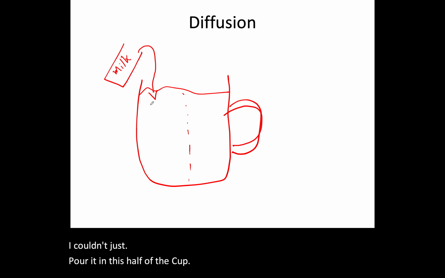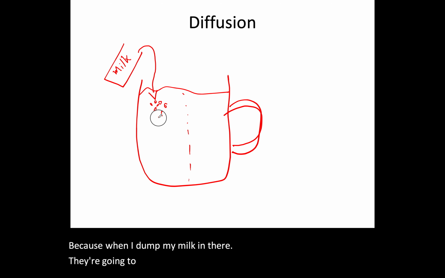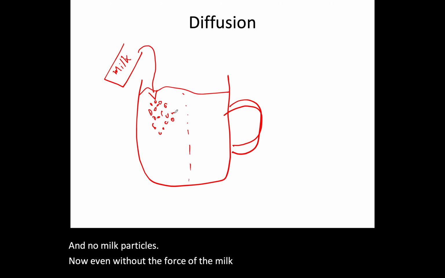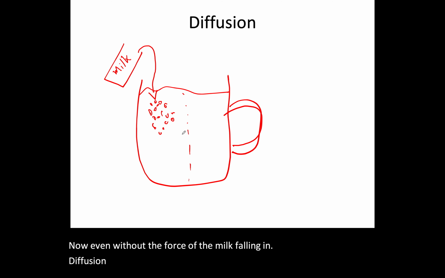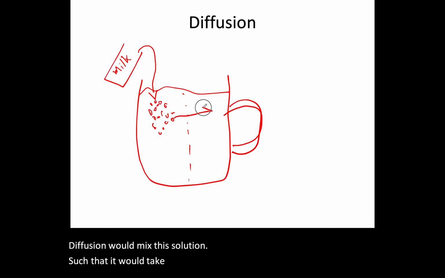Because when I dump my milk in there, there are going to be a lot of milk particles here, and no milk particles anywhere else. Now, even without the force of the milk falling in, diffusion would mix this solution such that it would take particles from areas of high concentration to areas of lower concentration.